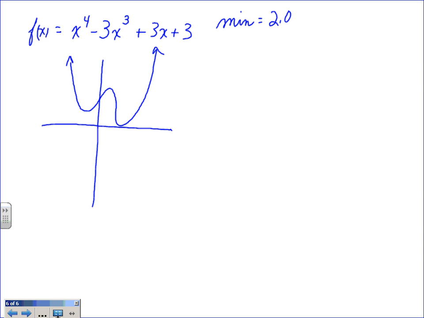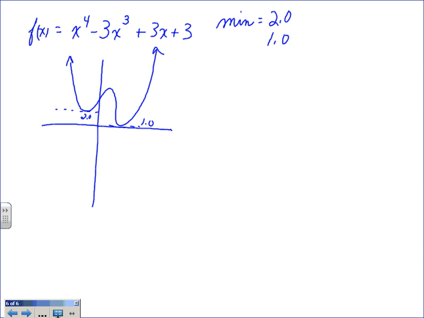So that 1.98 rounds to 2.0. And let's trace over to the other local minimum, which is 1.0. So we have a local minimum here at this point, which is at 2.0. And we have a local minimum here at, I do that a little bit farther down, but this would actually be at 1.0.